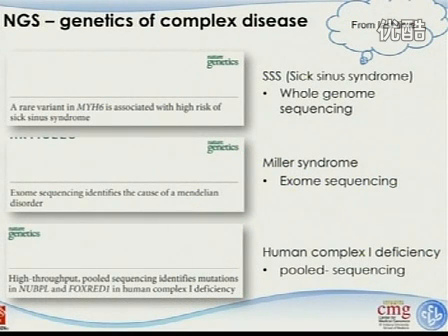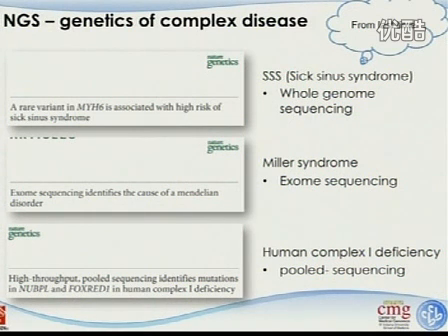Next generation sequencing technology has really helped us dramatically, at least in the beginning years, to understand the genetics of complex diseases. We talk about three examples, all published in Nature Genetics maybe in 2010, 2011.